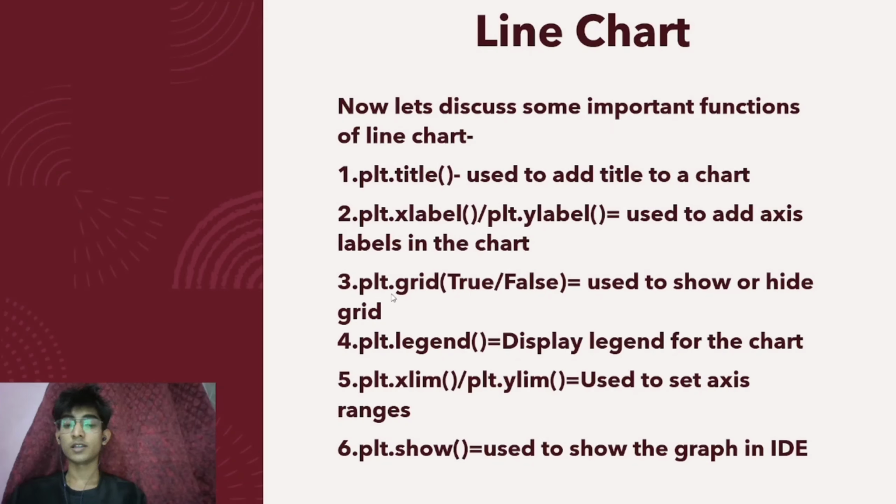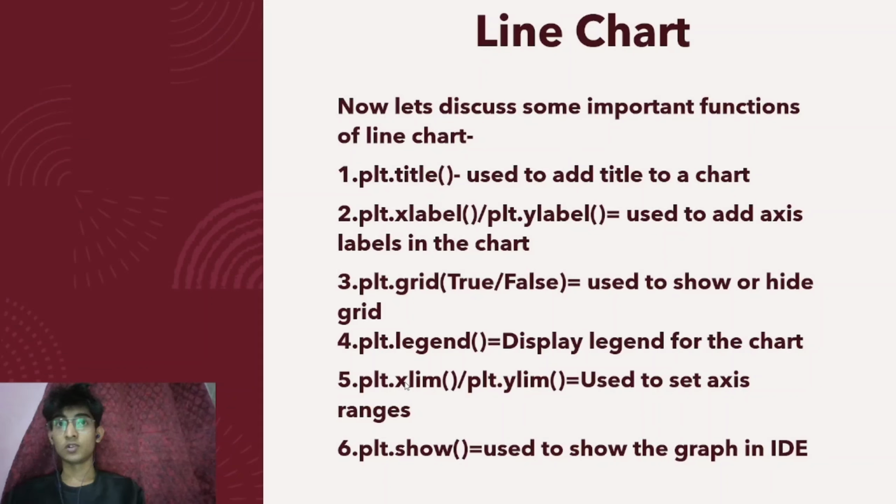We can set plt.grid and in the argument we can set a true or false value. Okay. And we can also show plt.legend, which is used for multiple line charts or double bar graphs or multiple bar graphs. Okay. We can also set limits to the x-axis and y-axis, that is how we can set the ranges.